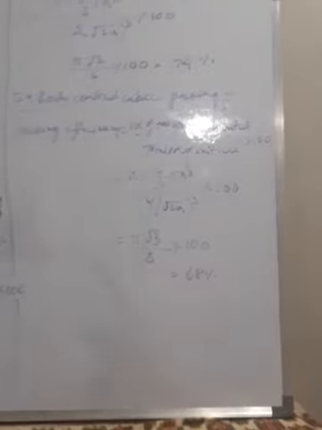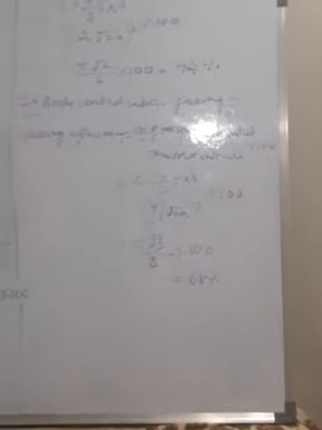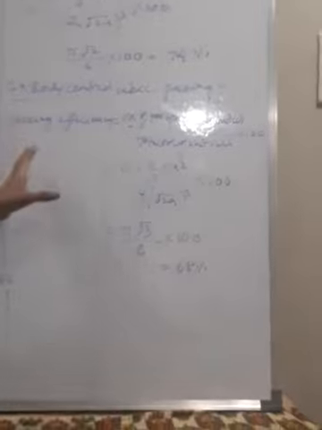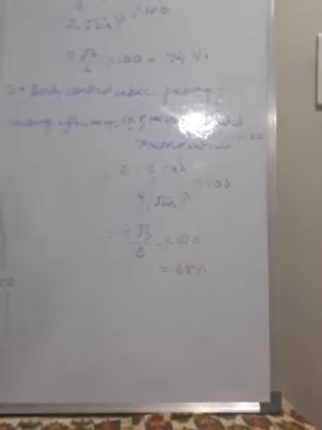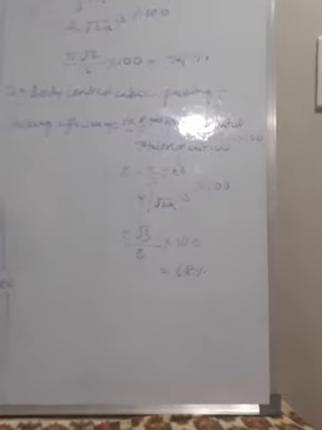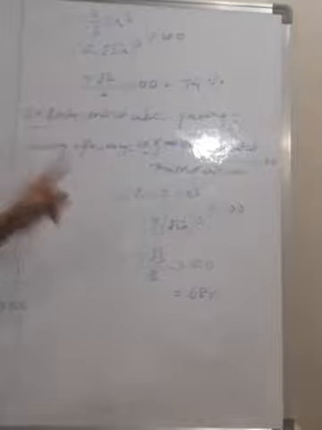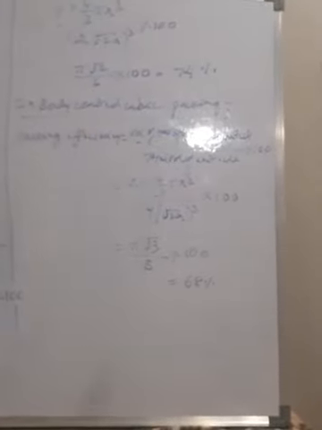Out of 8 corner points, only 1 corner point belongs to that unit cell, because each corner point is shared by 8 unit cells, so 1 by 8 part of it belongs to that unit cell.